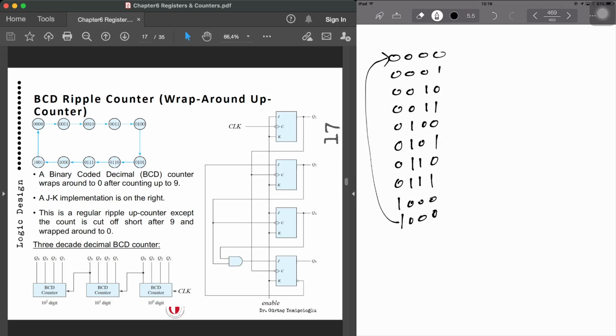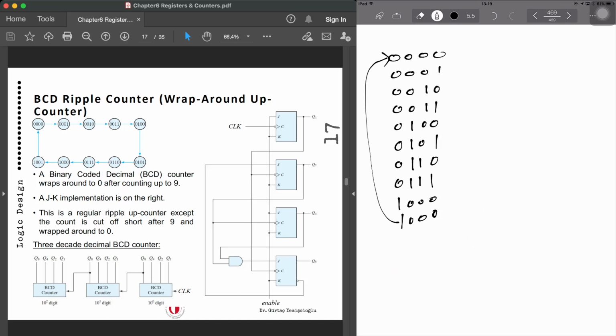And we can say that the maximum propagation delay for asynchronous counters increases linearly with the number of counter bits or the number of flip-flop stages. So in this one we have 4 flip-flops, so we have a 4 delay. Let's say if we have 8 flip-flops, that's going to be 8.